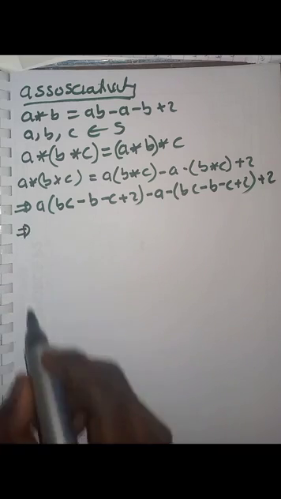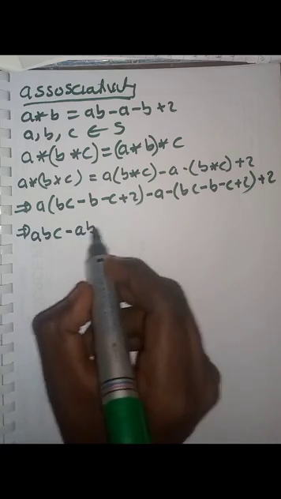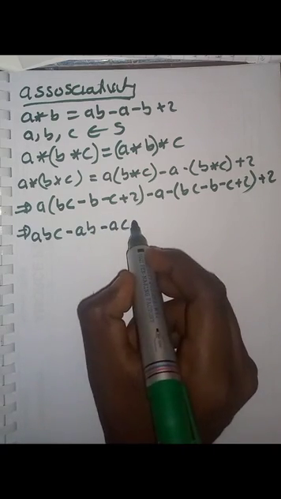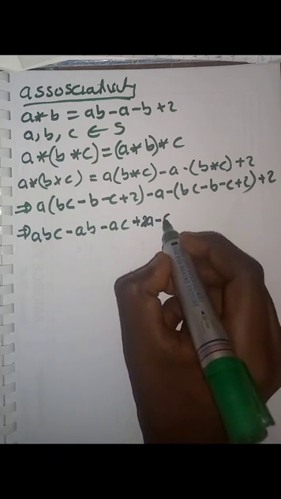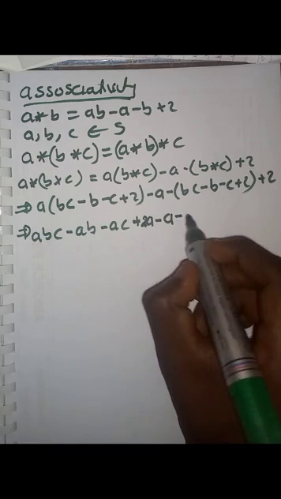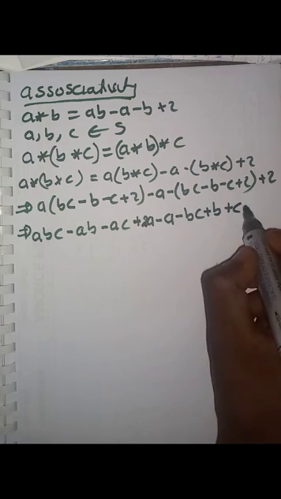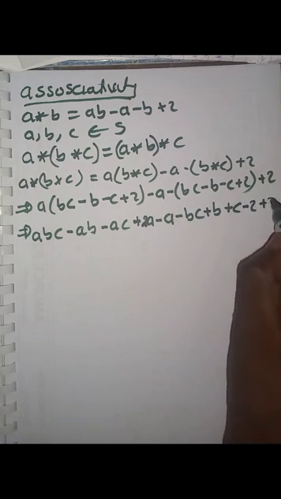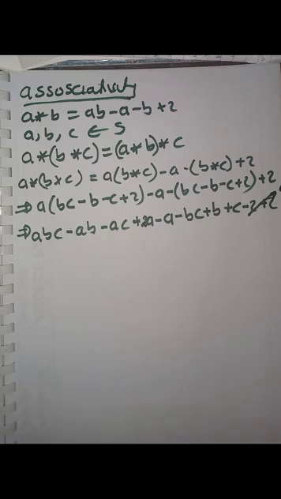So if I simplify that, I'm going to have my ABC minus AB minus AC plus 2A minus A minus BC plus B plus C minus 2 plus 2. Great. Minus 2 and plus 2 can already go to 0.